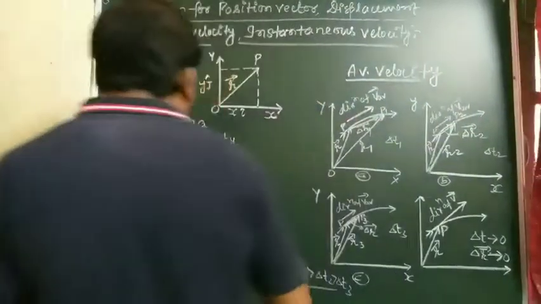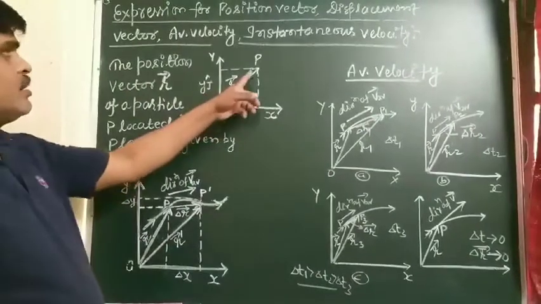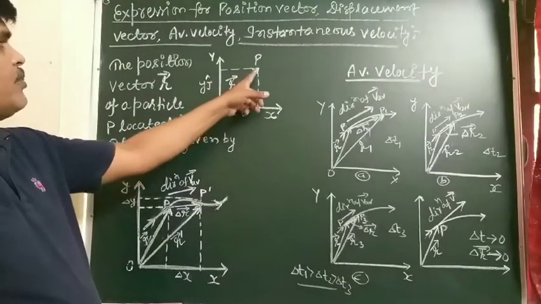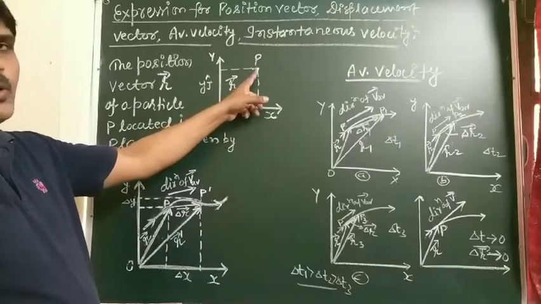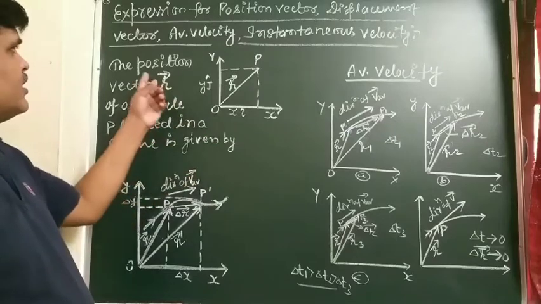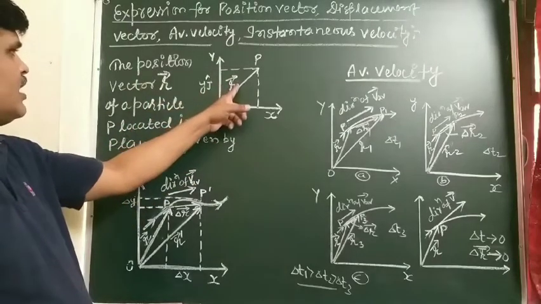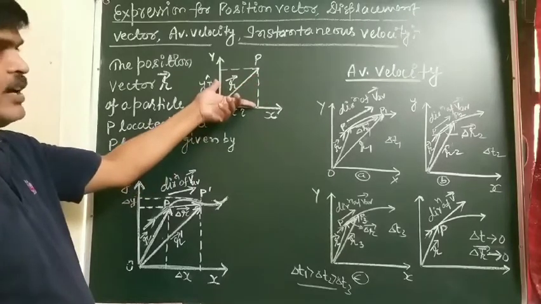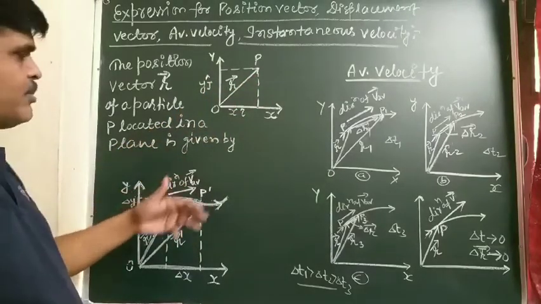And students, the position vector r of a particle P located in the xy plane is given by the formula.